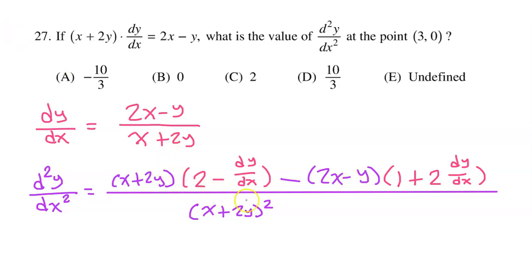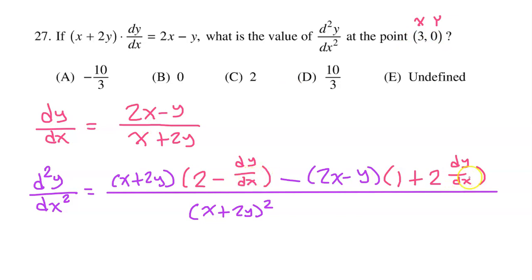However, right now we basically have three variables. We have x, y, and dy dx. We need to evaluate this expression at the point 3, 0. I know what to do with the x and the y, but what do I do with the dy dx? Well, let's figure out the value of dy dx at the point 3, 0.